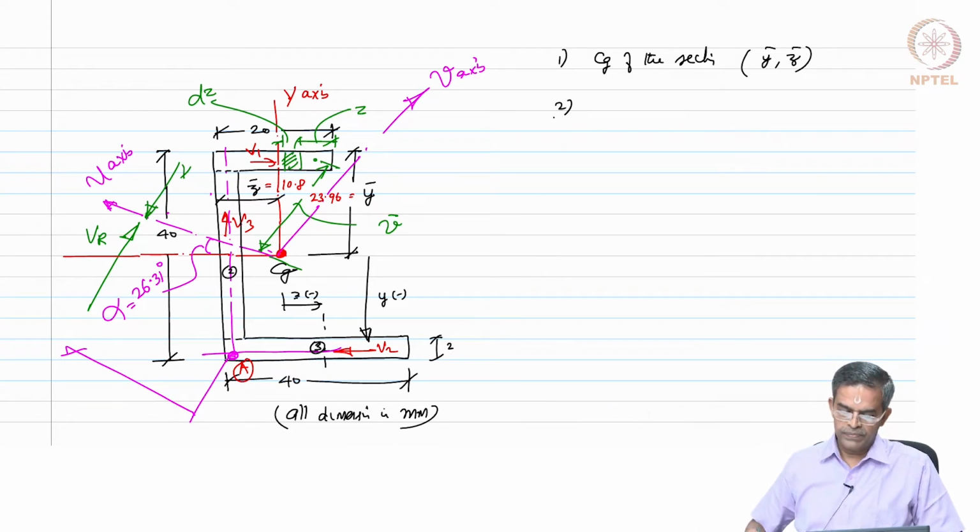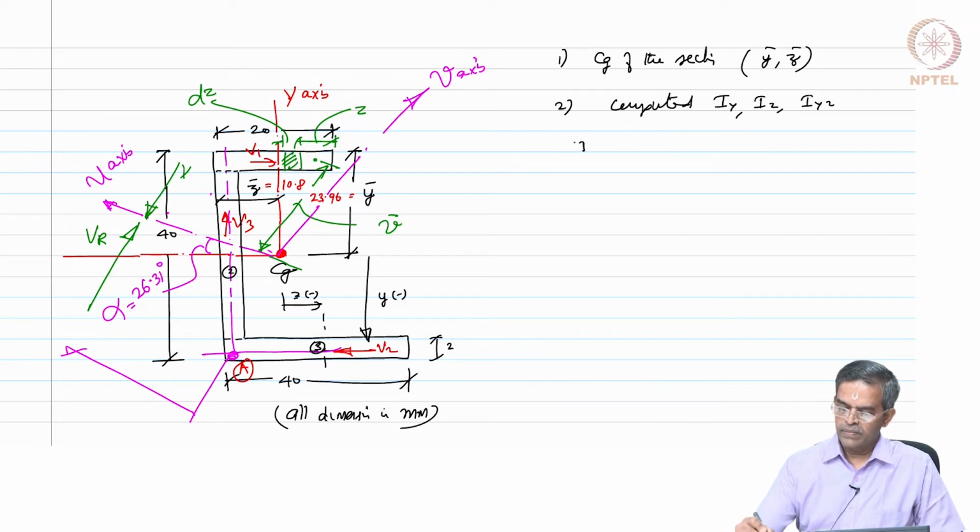Then we computed IY, IZ and YZ, and then computed the alpha angle and located the UU and VV axis.